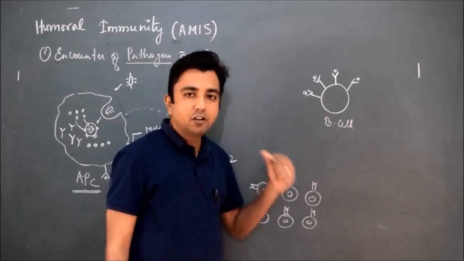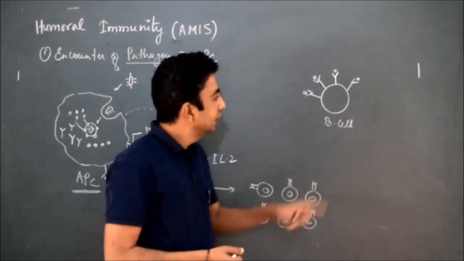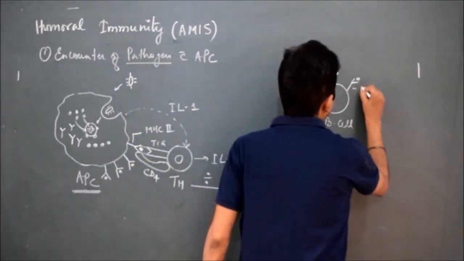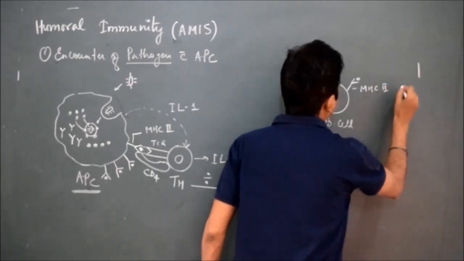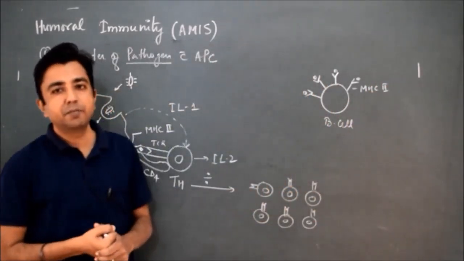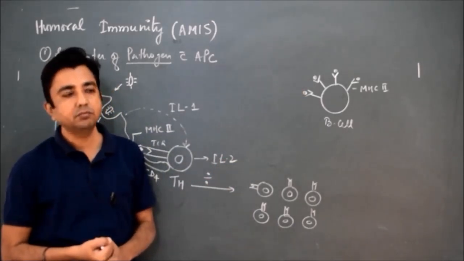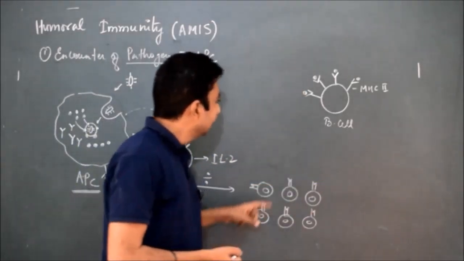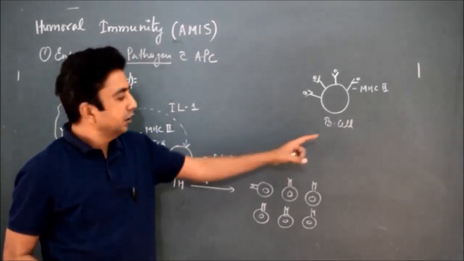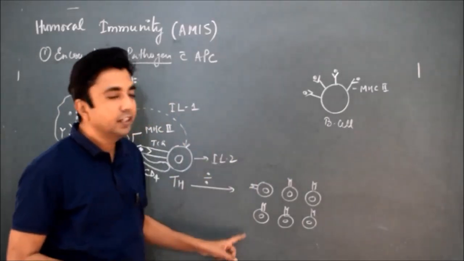So the B cell will encounter the same antigen, and because of the presence of MHC class 2 molecule, it will also present this antigen on its surface. Now this B cell will get attached with the T helper cell.